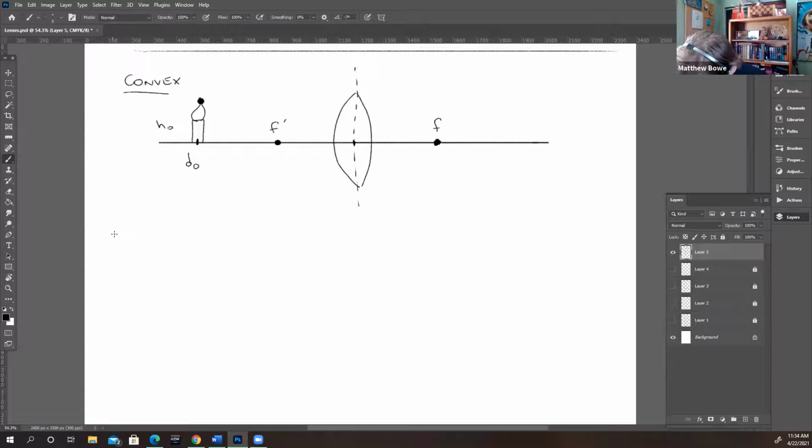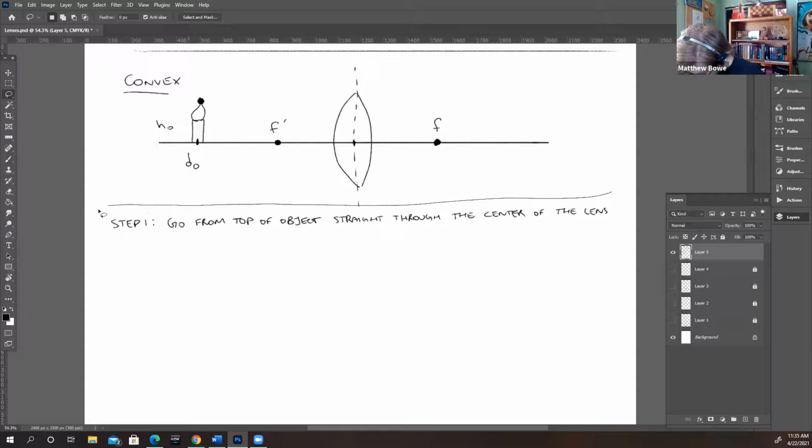So step one, how to do a ray diagram. You can go from the top of the object straight through the center of the lens. This is going to have to move down a bit.